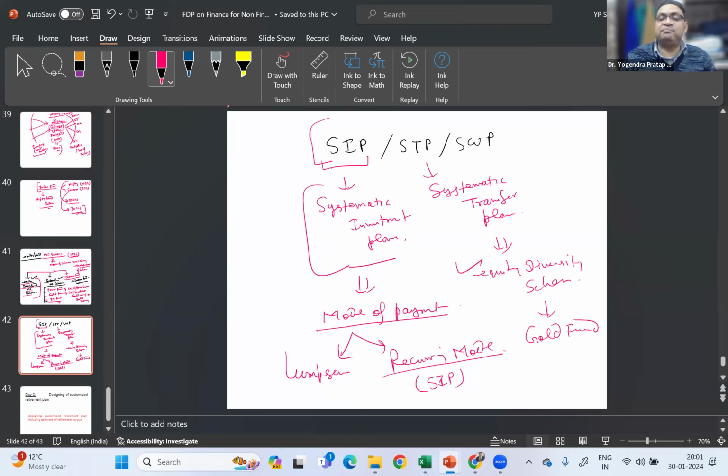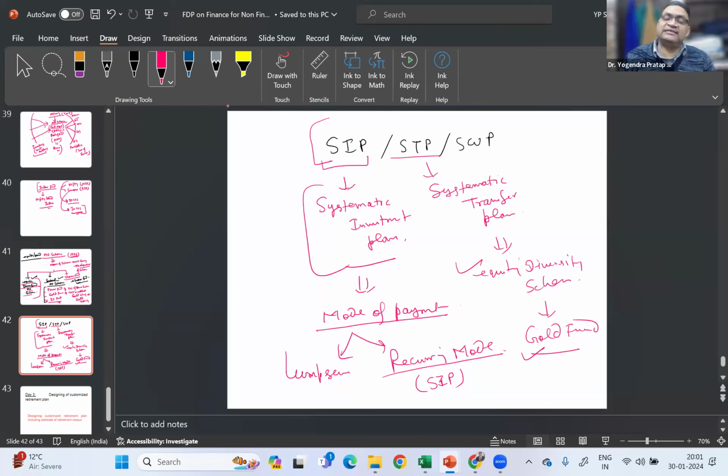This is a separate mutual fund scheme. If you want to transfer your money into the gold fund based scheme, then of course there are two ways. Either you sell all these and purchase the gold fund, invest in the gold fund scheme. In this process, you will incur a huge transaction cost and the exit load and all that. But using the STP, you can save all these charges. It is just done internally.